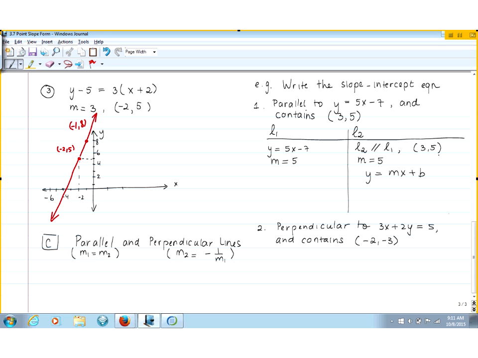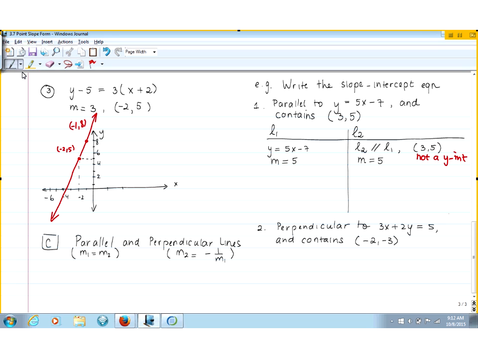Do I have a b? Where? No, this is not b. Is this a y-intercept? No, so I can't really use this, right? I cannot just substitute 5 here. So I can't use it.